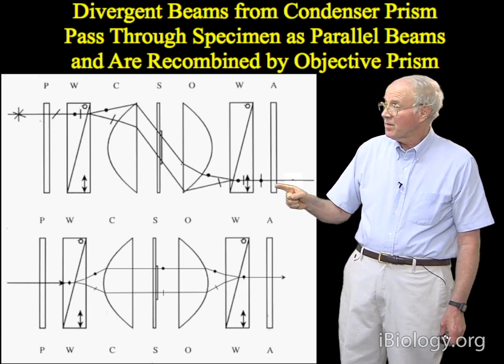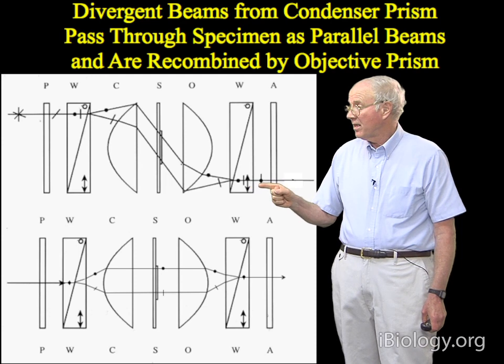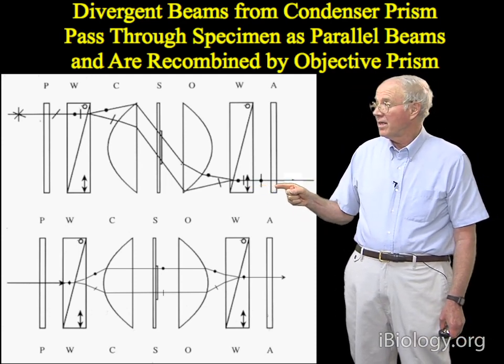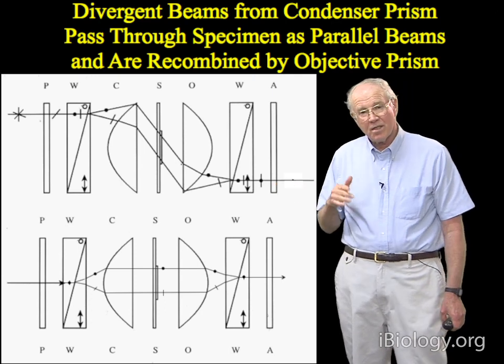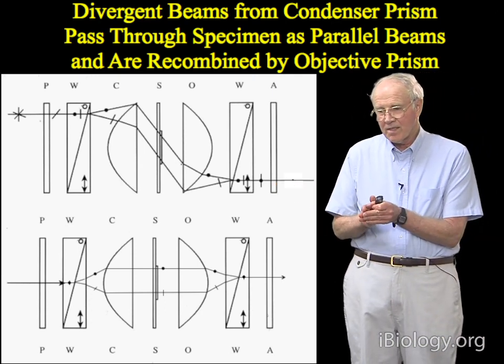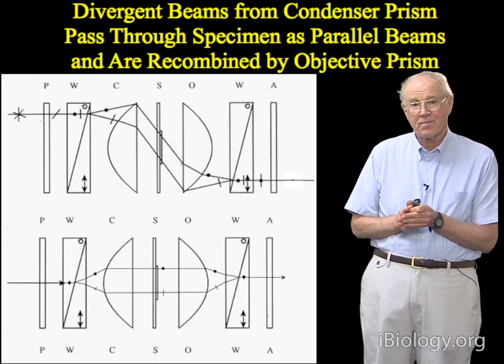Now, these beams then hit the analyzer, which is this next guy right here. If they're in phase with each other, then what you end up having is the same initial plane polarized light that came out of the polarizer.